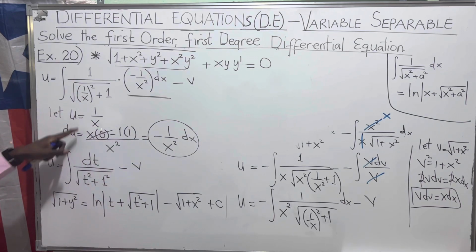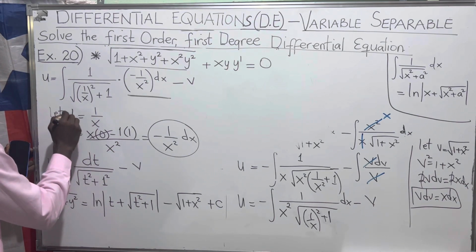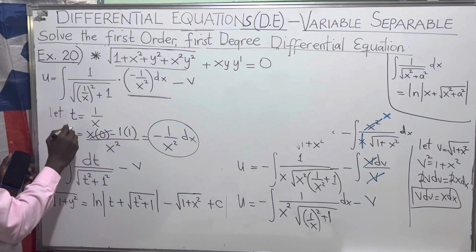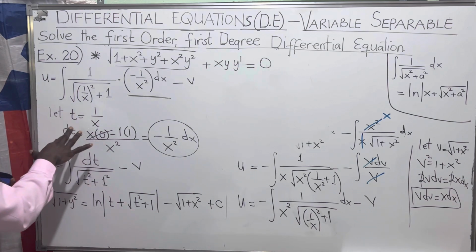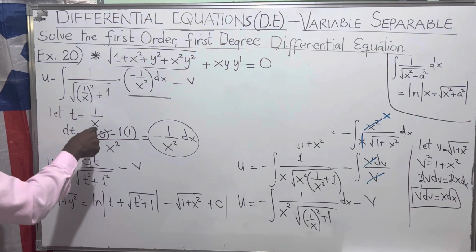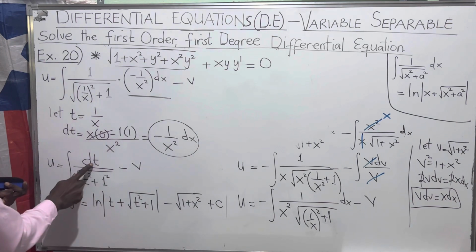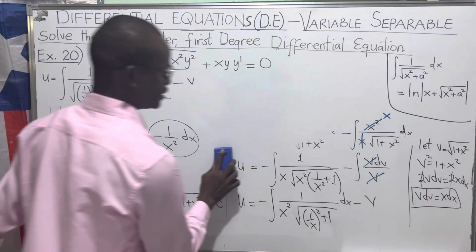Don't forget, we said let's use t because we already had u. So t is substituted for 1 over x. That's how we got the dt. So this whole portion ended in dt. So we need to bring in the value of t.